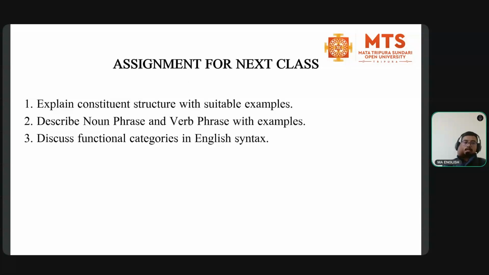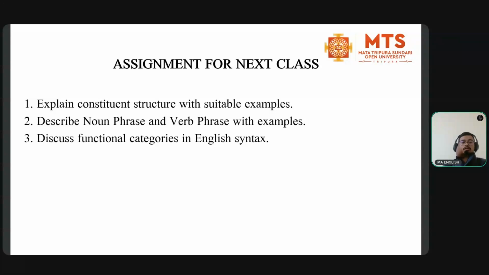Now let's move on to the assignment questions. Here you have 3 questions. In the first question, try to explain what a constituent is and how sentences are hierarchical.